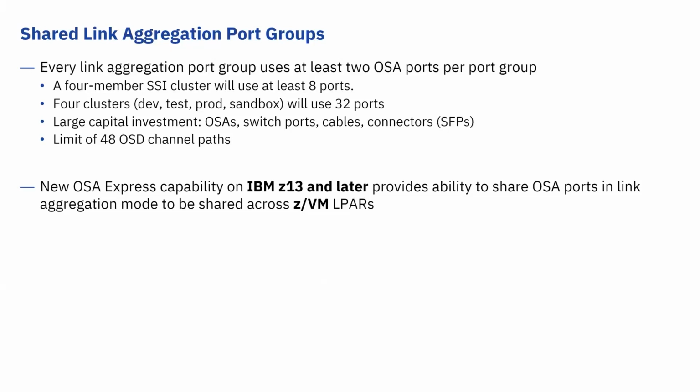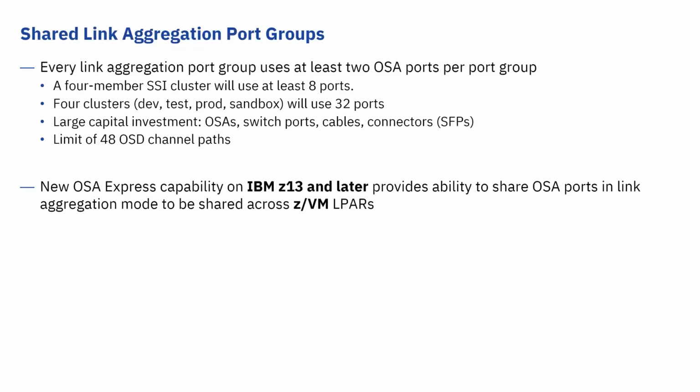If you've got a large machine and multiple test LPARs, a couple of production LPARs, you're doing a lot of work there, it's not too hard. We have had clients who are approaching that limit, which caused us to create this shared port group configuration. So on current machines, you now have the ability to share the port group. Okay?